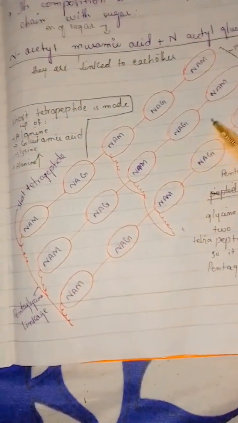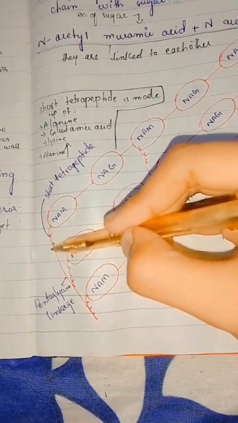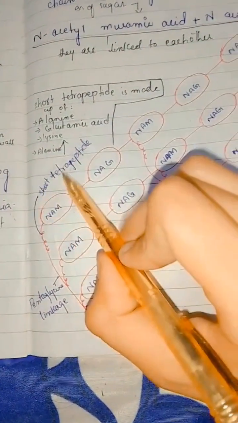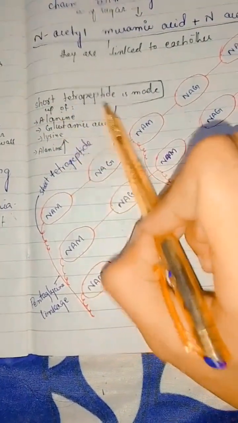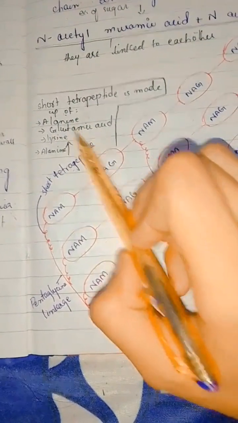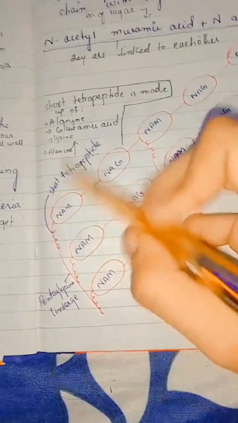They are linked together, and these are the short tetrapeptides. What is a short tetrapeptide? This chain is made up of alanine, glutamic acid, lysine, and then alanine. So these four.